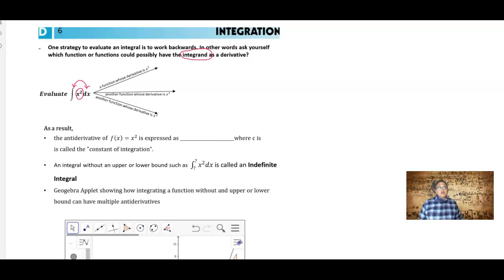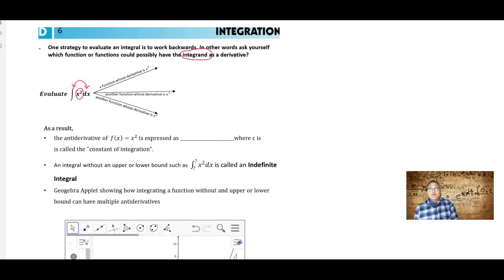So if I'm trying to integrate that, one strategy is to think to myself which function or functions would have a derivative equal to x squared.